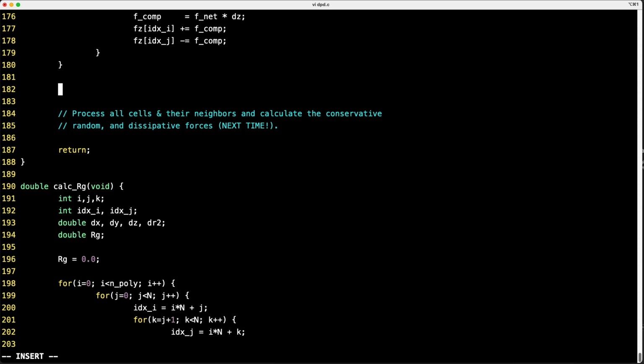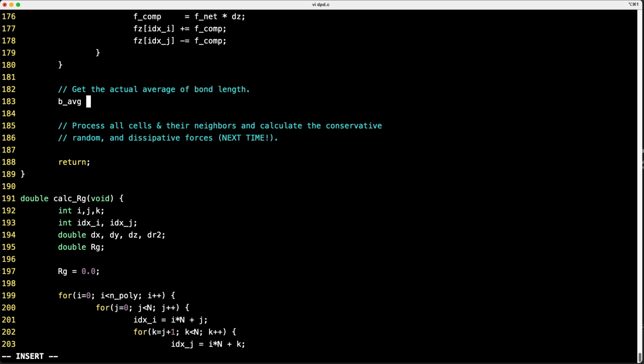And so at the end of the day, once we've gotten all of those separation distances between pairs of adjacent monomers, we want to get the actual average of bond length. I don't want to say normalize, we're not actually normalizing it, but we need to divide by the number of polymer chains and then the number of bonds, not the number of monomers. So we need to multiply this by n-1. And this should be a double precision number.